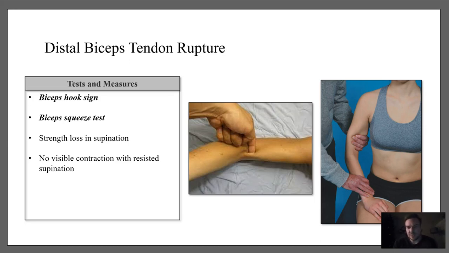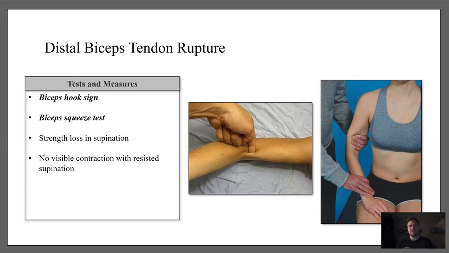But anyways, you would squeeze the muscle belly and try to elicit that muscle's action. Meaning, if you squeeze the biceps muscle, the primary muscle for supination, you would expect that there may be some supination that occurs when you manually contract a muscle by squeezing it.